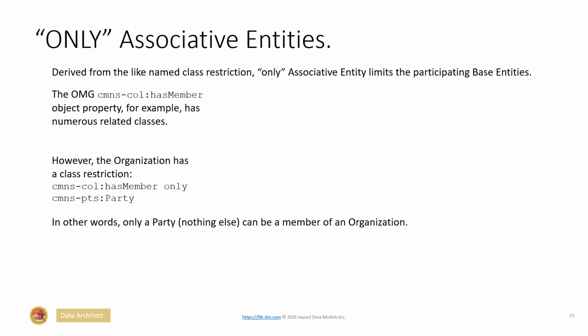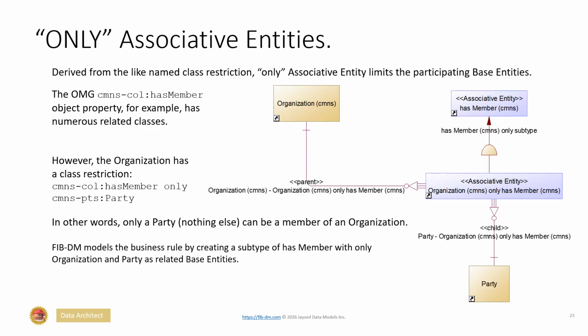In other words, only a party, nothing else can be a member of an organization. And FIB-DM models the business rule by creating a subtype of has member with only organization and party as related base entities. So here we see the associative entity has member in Commons, and FIB-DM has organization only has member as a subtype, and that has organization as a parent and the party as a child.